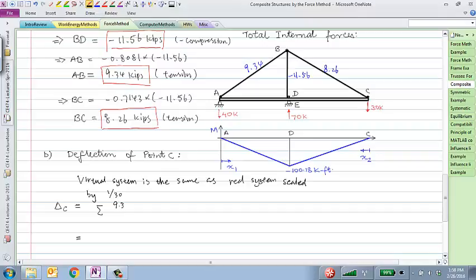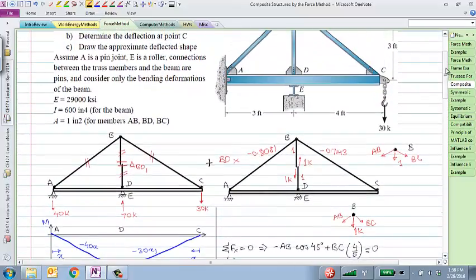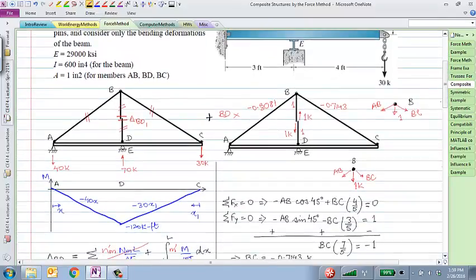100.18? Okay. So now that we have calculated the reactions for all the members, because before that we don't know the internal forces of the truss member because it's indeterminate. But now that we have them, we can just use the regular way. If BD was 0, we would get minus 120 feet, right?